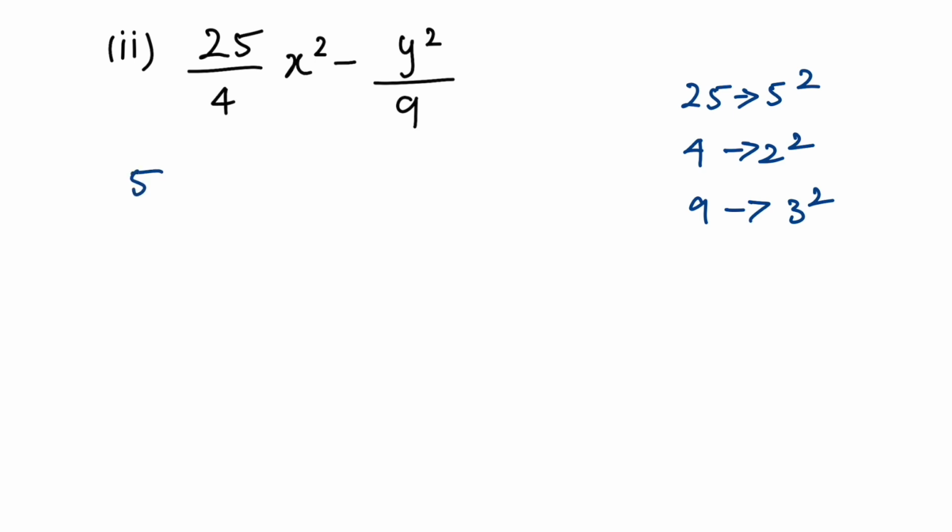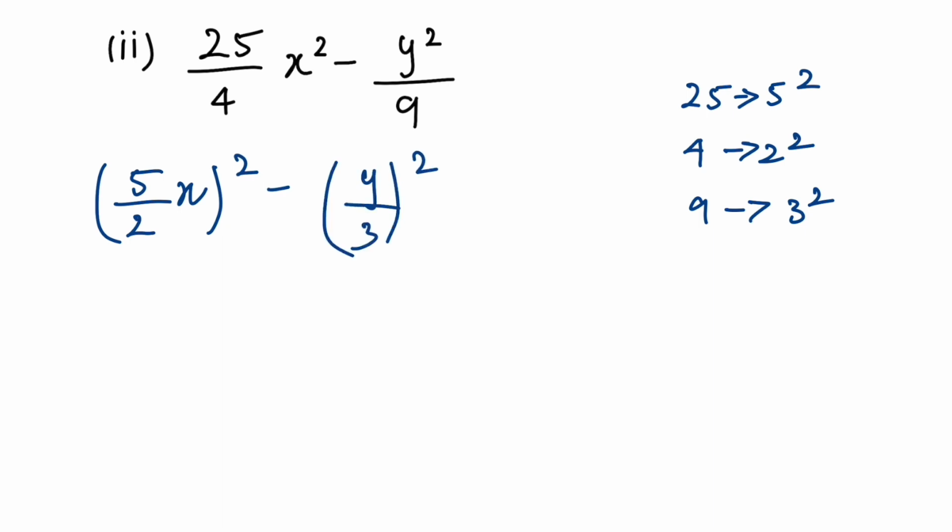So this can be written as 5 by 2 x the whole square minus y by 3 the whole square. It's quite obvious at this point.